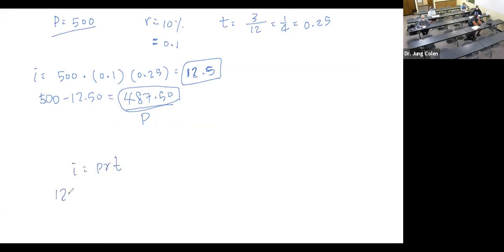We have $12.50 as the interest. The principal is not $500 because that's not how much she got, but she actually got $487.50. That's the principal. And what is the actual rate? We don't know. We figure it out. How about the time? It's the same time, right? 0.25.